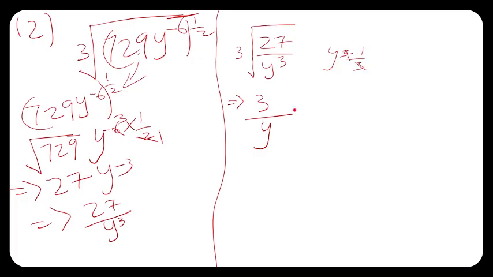It is going to give us y. So our answer is simply 3 all over y. And we can have it as 3y to power minus 1, as we wish. It depends on what you have in your options.